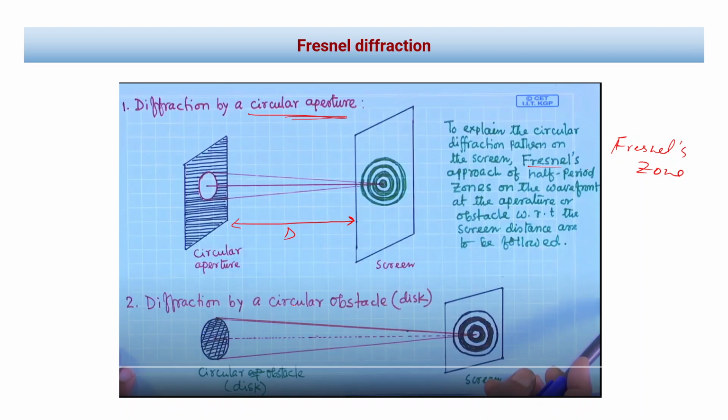Whereas if my obstacle is circular, with an opaque disc, the light is bending around it and giving me again dark bright fringes, but at the center I am getting a bright fringe, which is strange if we think normally, because there is no light coming from here, right?